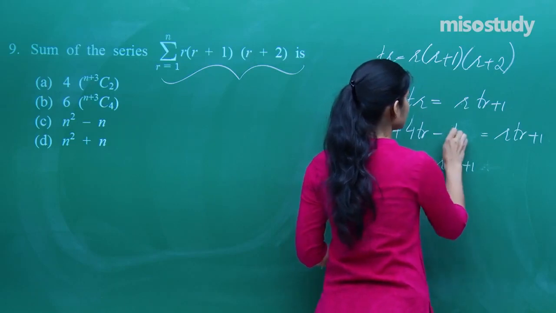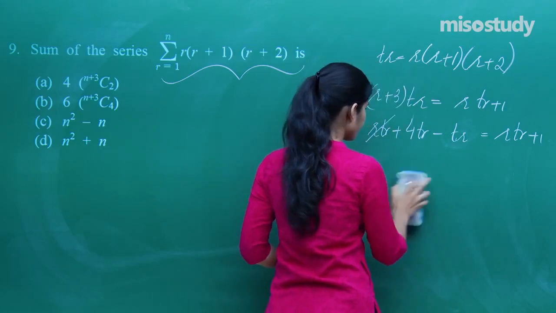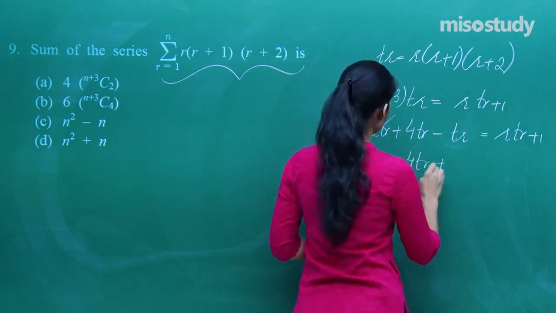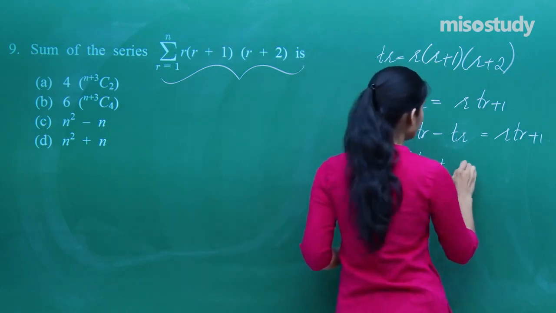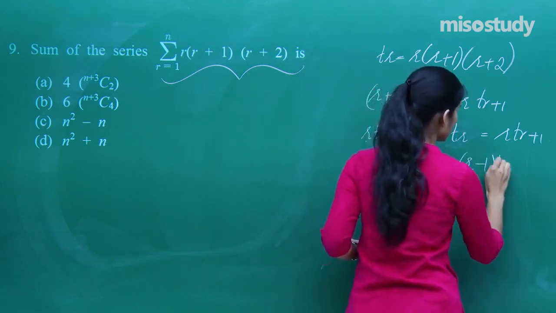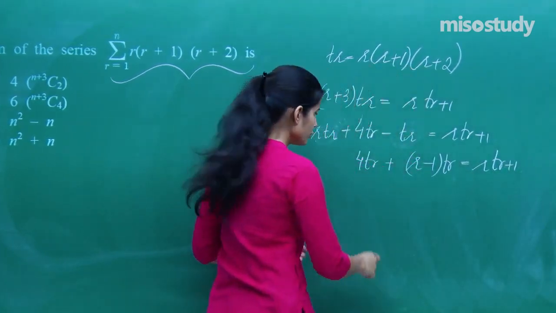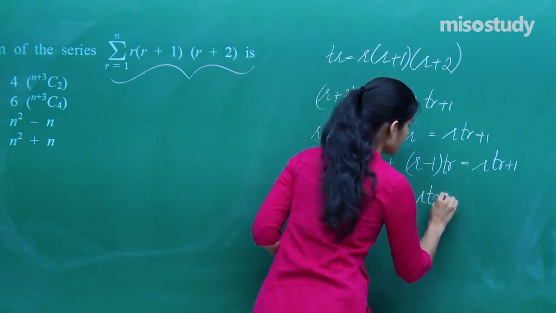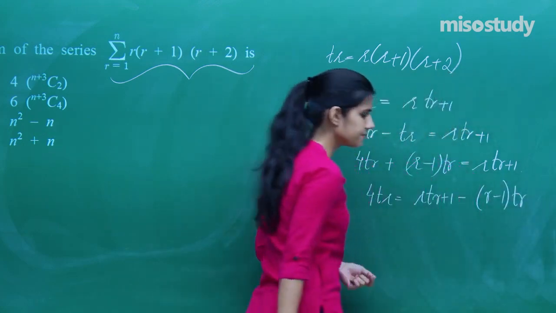4TR minus TR. The moment you get this, what you have is 4TR plus R minus 1 TR equals RTR plus 1. So you eventually get 4TR equals RTR plus 1 minus R minus 1 TR.